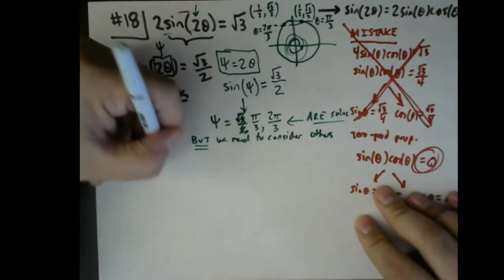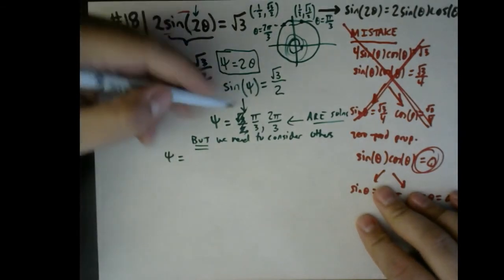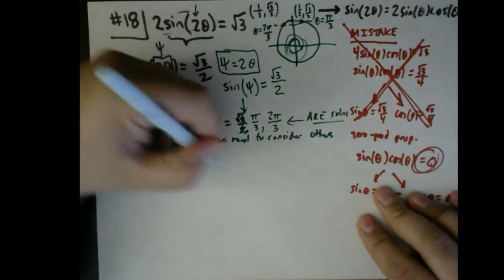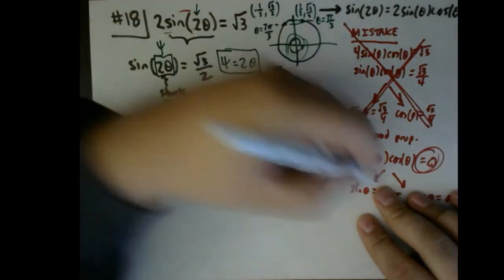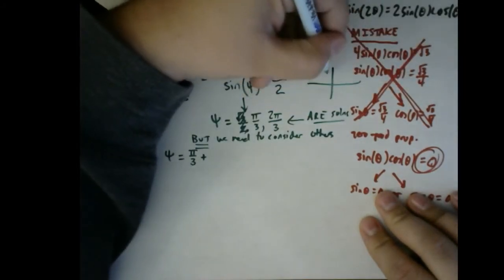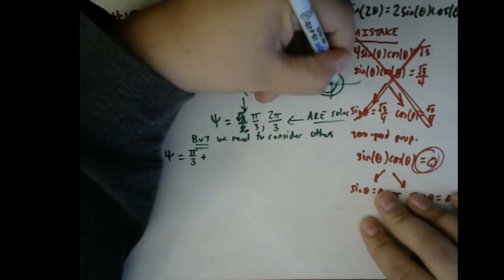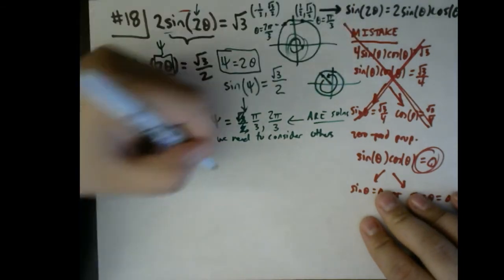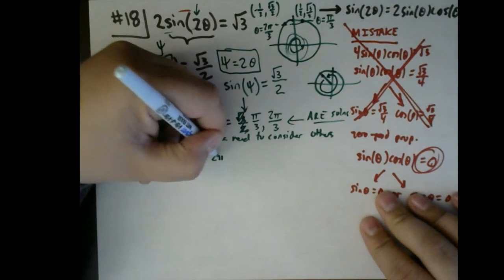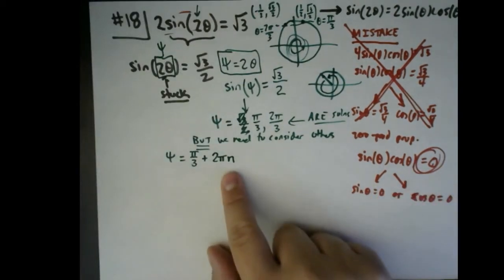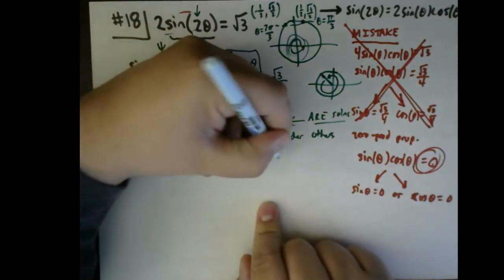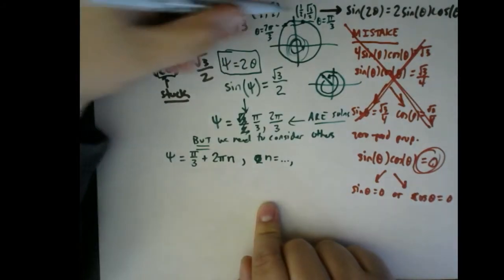So you in fact get this: you have one known answer, and then you have to add, from one position, let me draw it maybe here, if I'm at any angle, I can get back to that angle by going around one full rotation, or 2 full rotations, or 3 full rotations, or 4 full rotations, or really any number n of full rotations. In fact, this n could be negative as well.